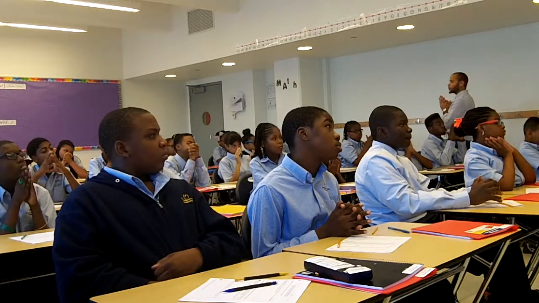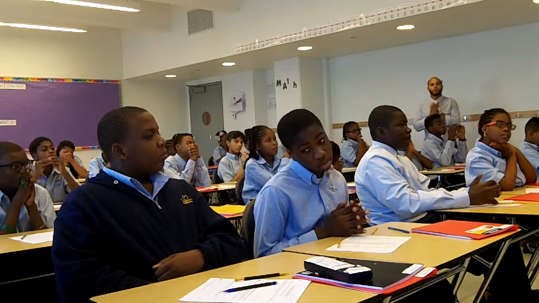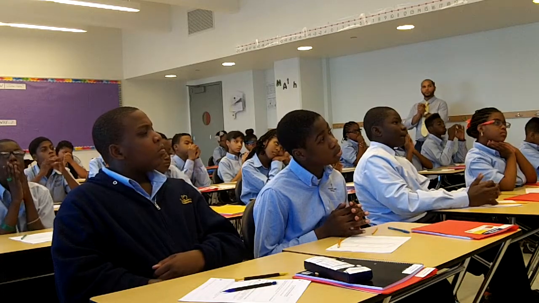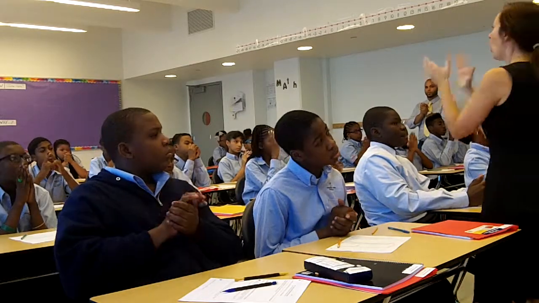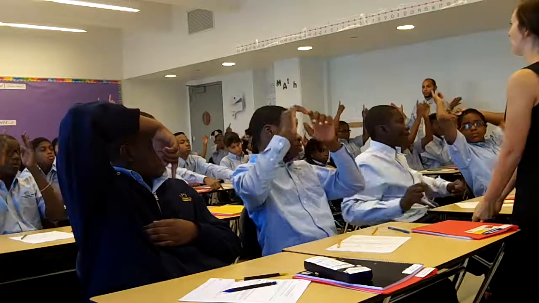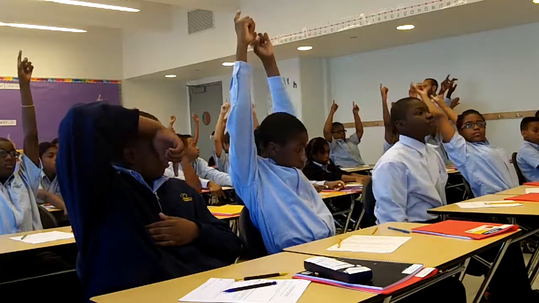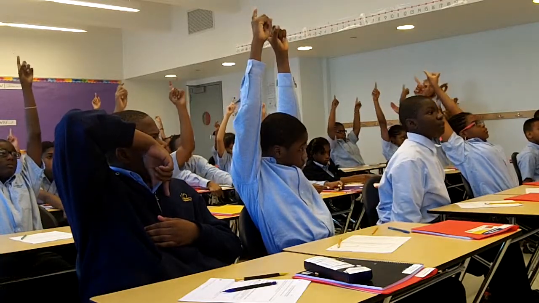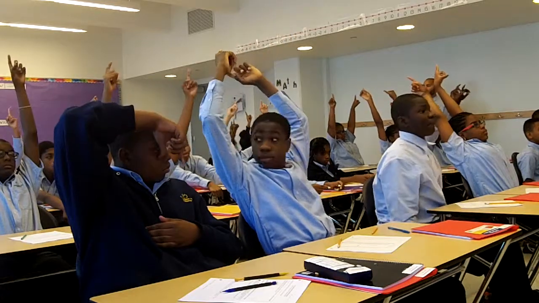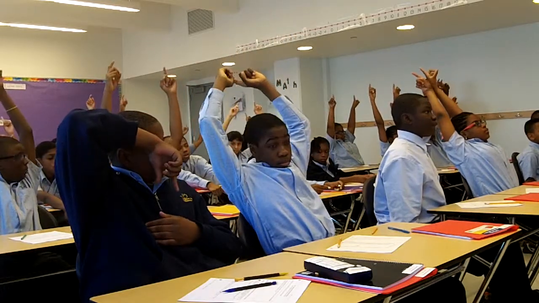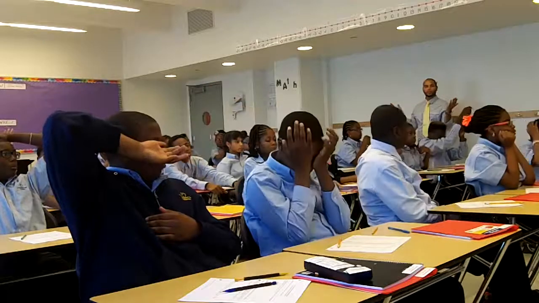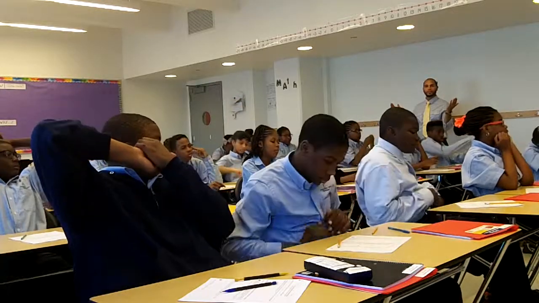So to do a drop of 5, should I go from 8 up or down on the number line? 1, 2, 3, show me. We're so mixed. Hands down. Pencil in your hand.